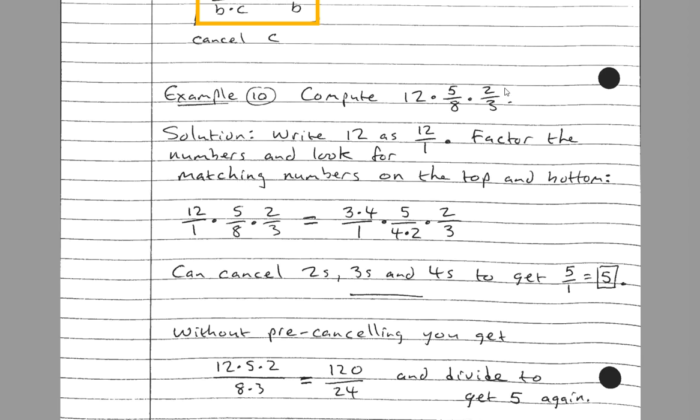Again, we're going to use precancelling, so we're going to factor these numbers and look for matching numbers on the top and the bottom. We're looking for numbers to cancel. So that 12 turned into 12 over 1.